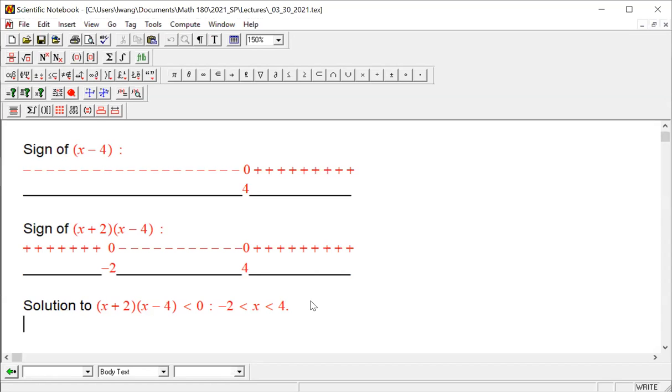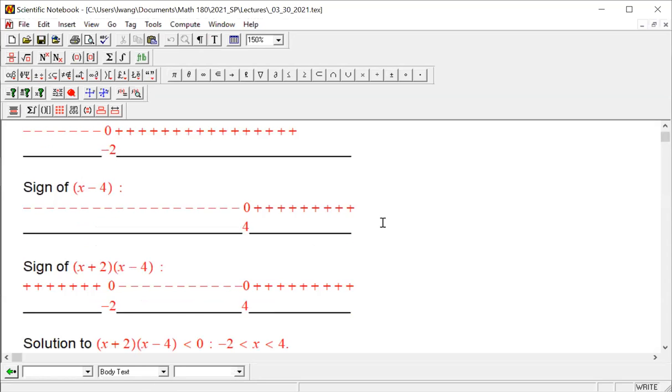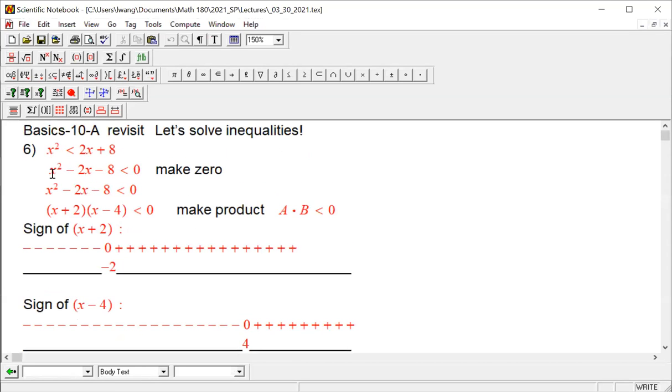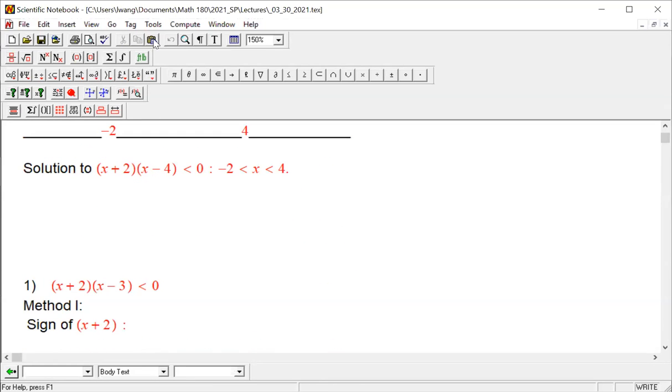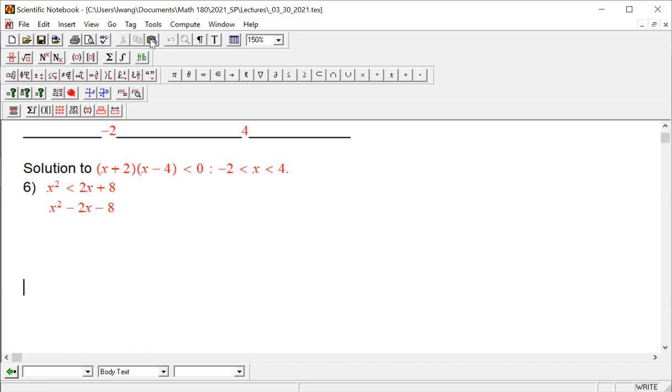All right, so now let's look at the other method. If we did all of these, we assume this is a function, explicitly or implicitly you introduce it, and we want that to be less than 0.